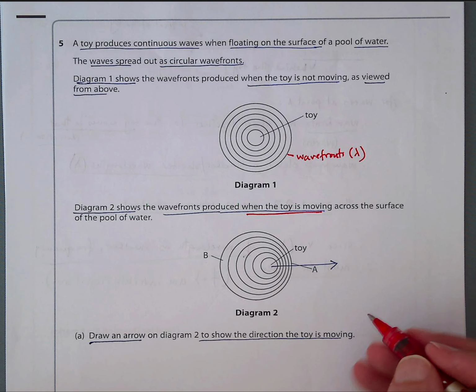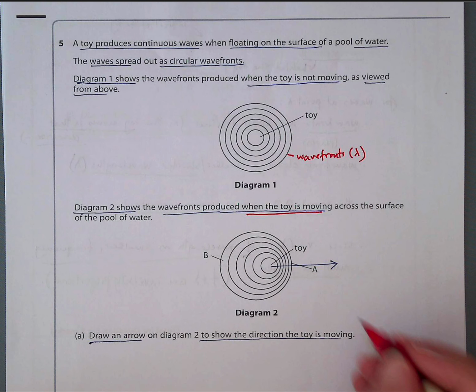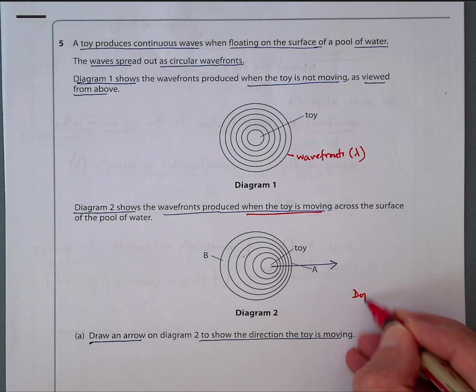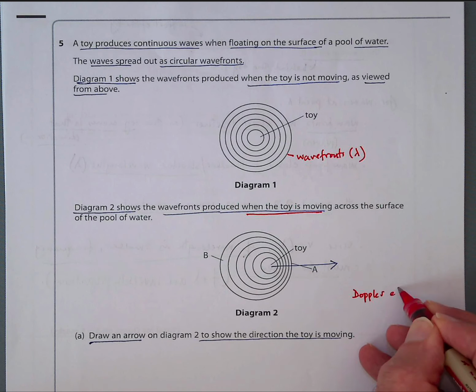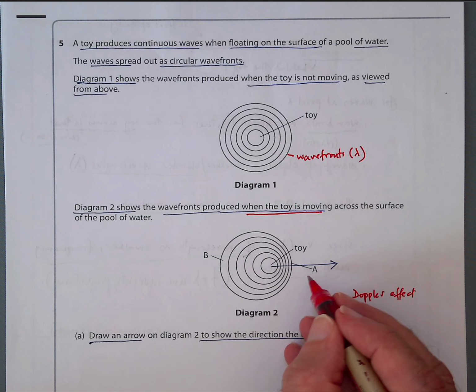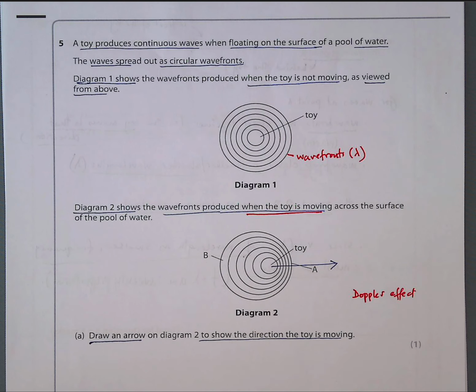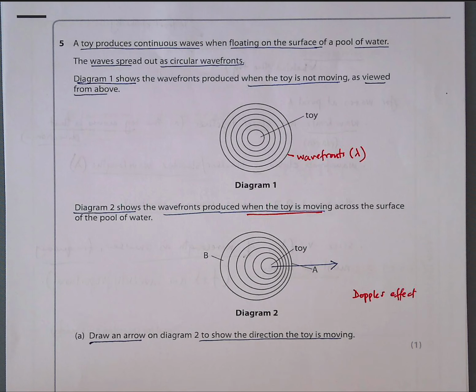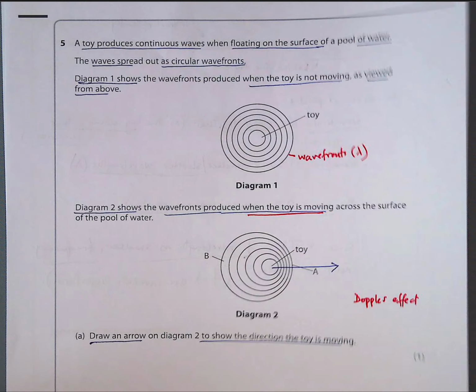Okay, so this is known as the Doppler effect, which they're going to go on to ask you about. So the waves in front look different to the waves behind, to the observer. Okay, so that's question 5.